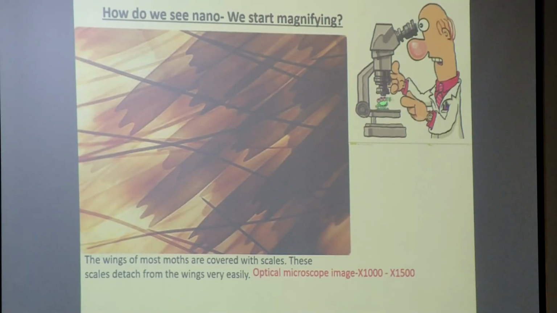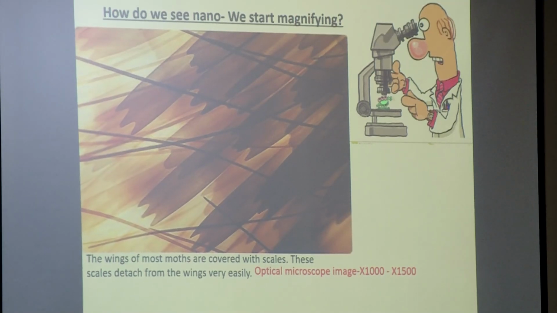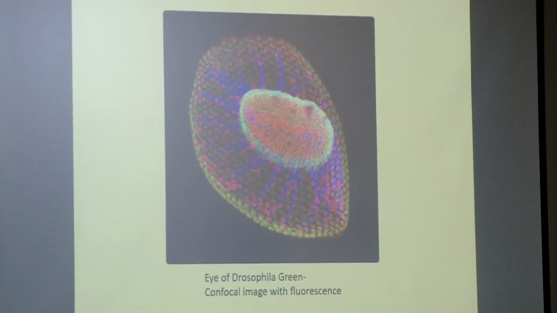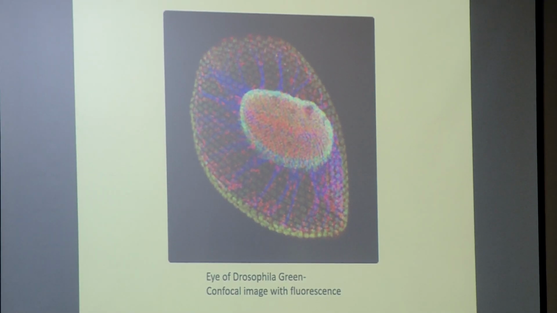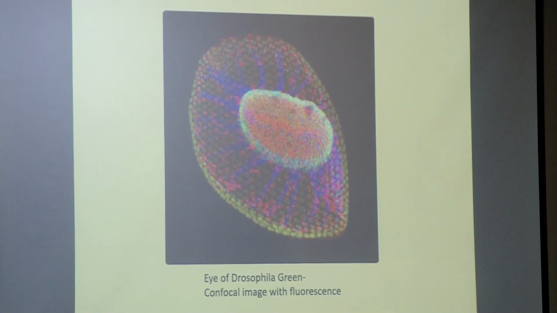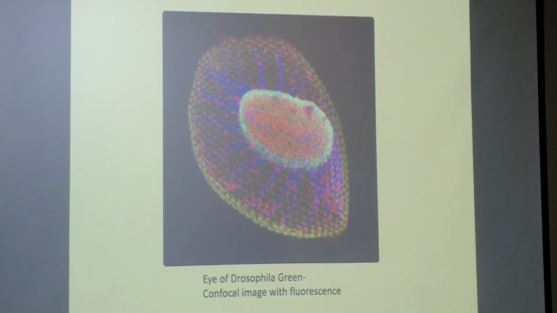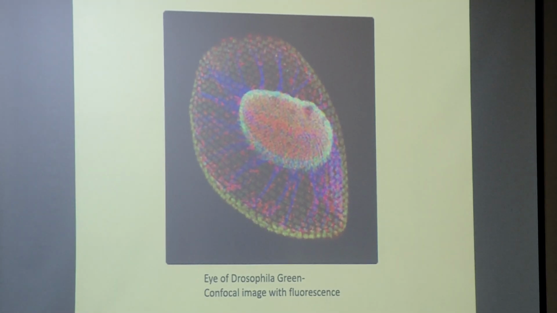Light, visible light. You use visible light to probe something under an optical microscope. That is why the word optical. Electron microscopes, you use electrons. You use an electron beam to investigate that.